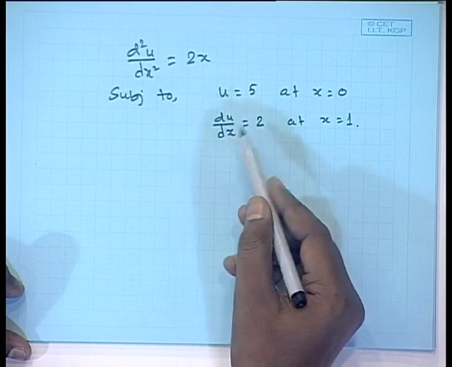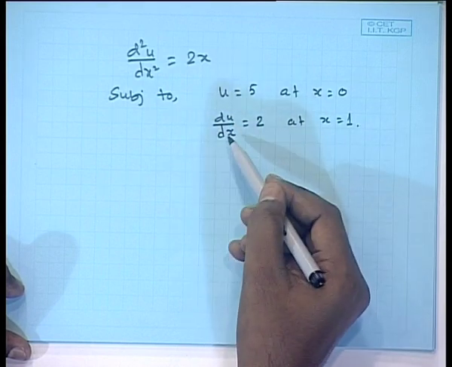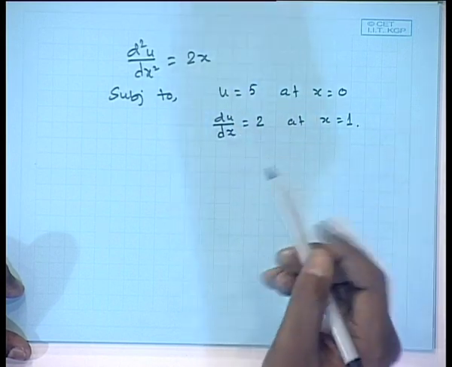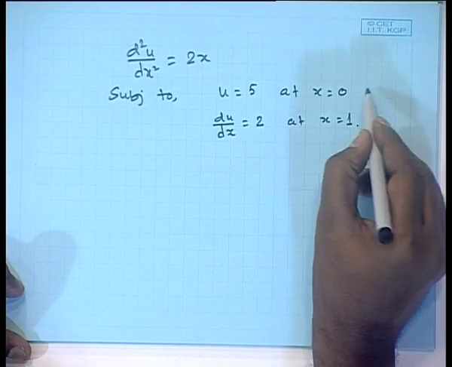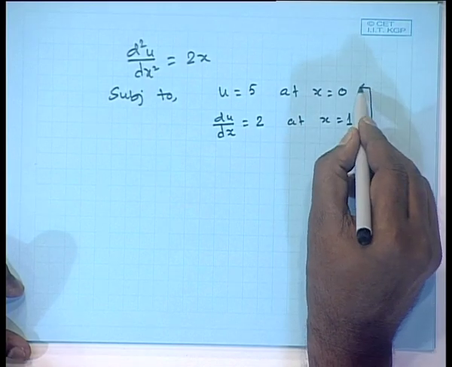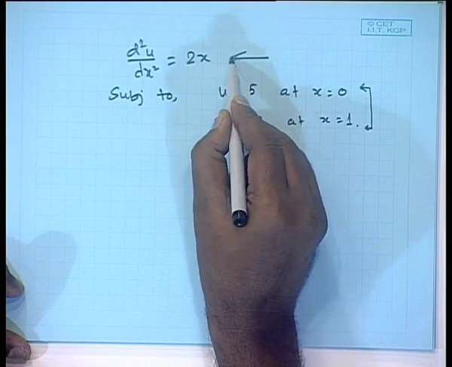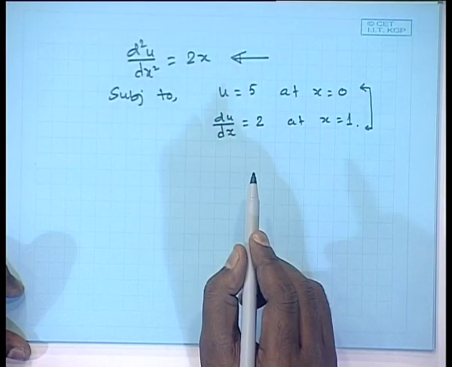So, instead of Dirichlet boundary condition, I intentionally have taken a Neumann condition here. Okay. That will make it more general. So, these two are the non-homogeneous boundary condition and non-homogeneous governing equation.